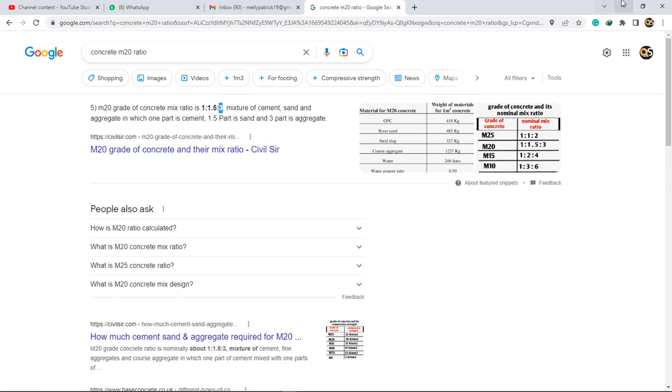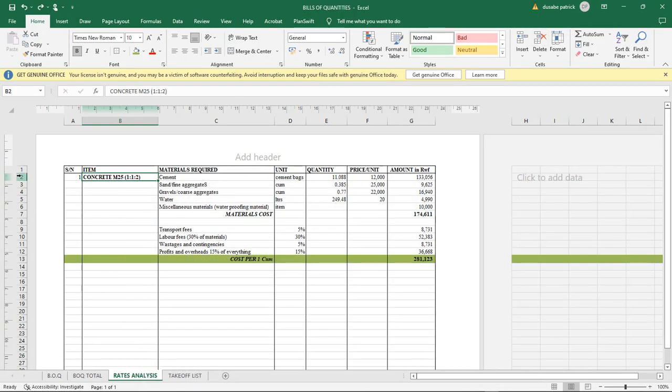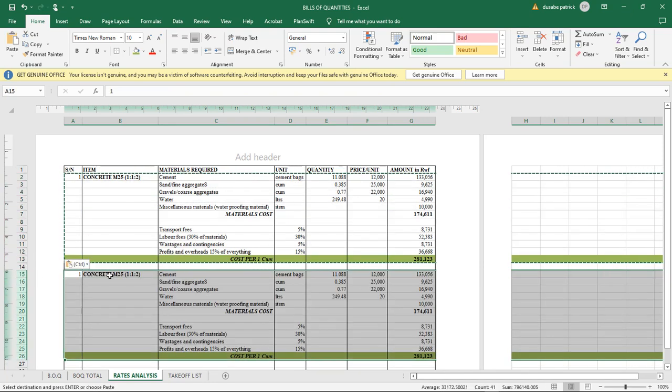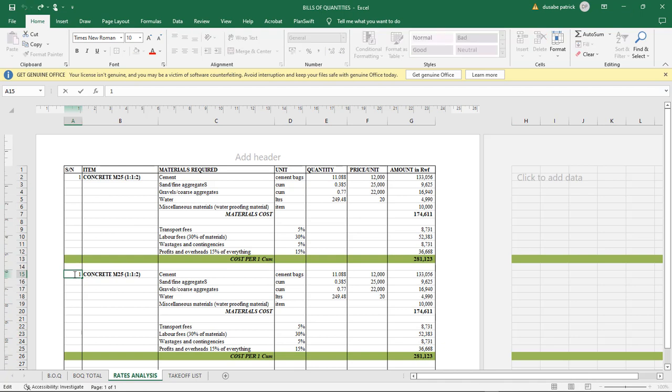So let's just come back right here. I'm gonna be taking all of this, copying it right here, and just doing the edits. So here I take it as item number 2. This we gotta be having grade 20. This gotta be 1.5, and here we're gonna be having 3.